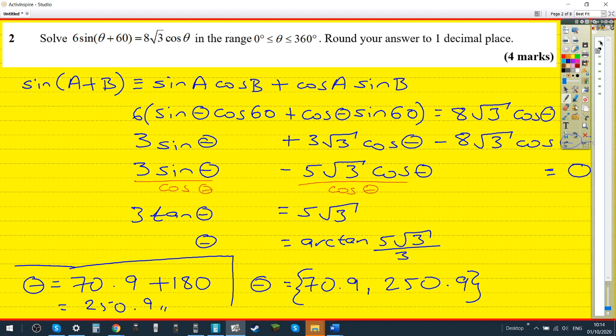Just use the formula given in the exam, and then when you see sine and cos, just divide by cos theta, and then arctan 5√3/3. Tan repeats every 180, so you add 180 to previous answers.